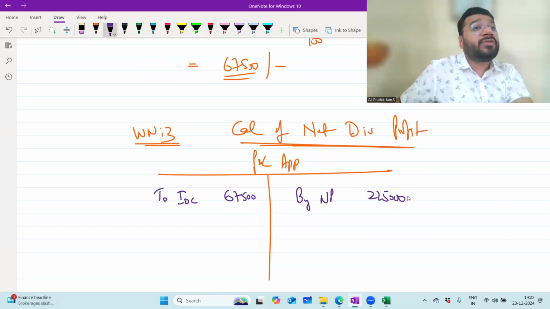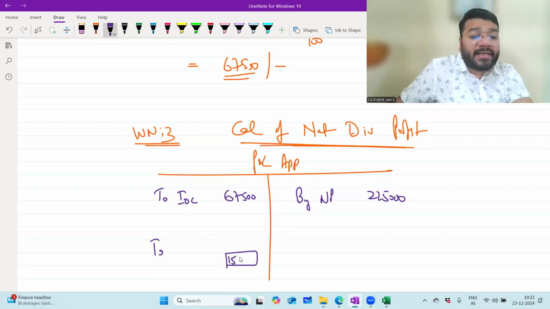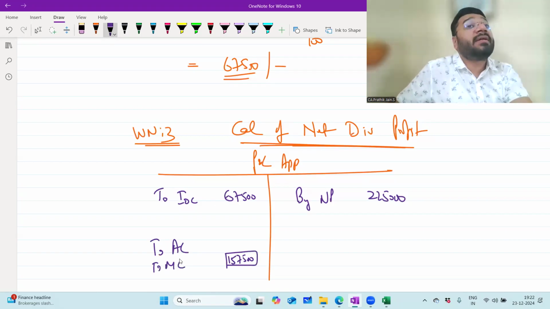So from 2,25,000, if I give 67,500 to partners as IOC, Pritesh, please tell me, what is the balance net divisible profit? 1,57,500. This you give to whom? To Anand's capital and Mohan's capital in the profit sharing ratio, which is 3:2.